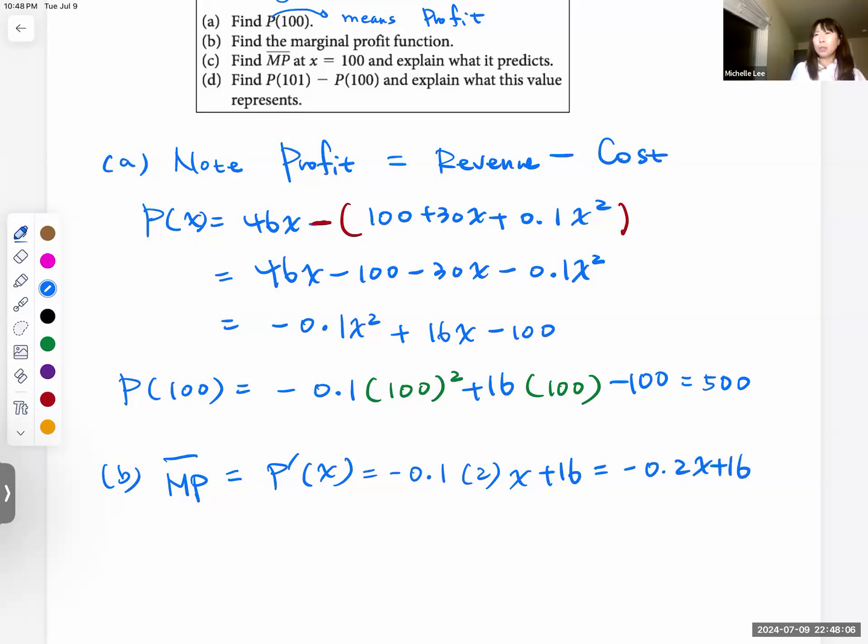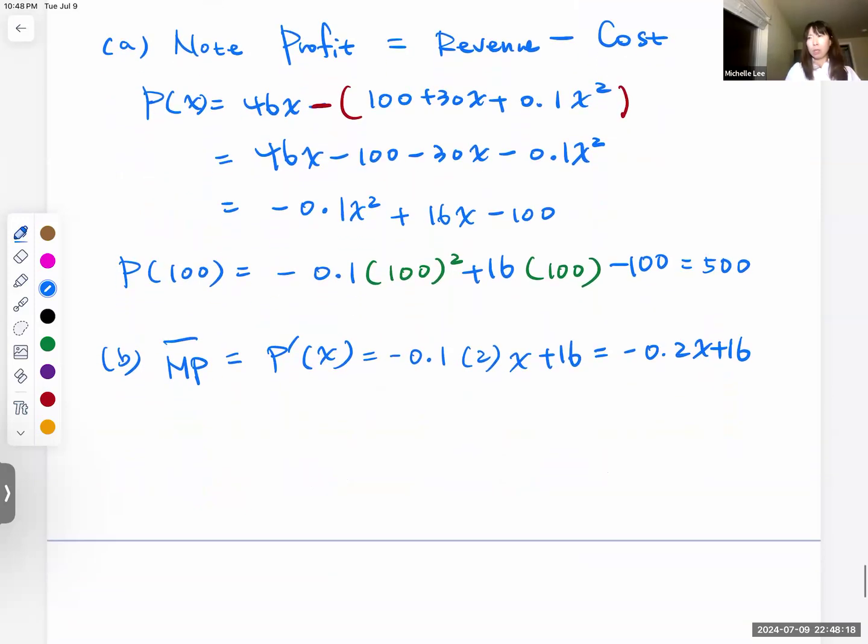Okay, C part, we want to find marginal profit when x equals 100 and explain what it predicts. Okay, so C. P prime of 100, marginal profit.